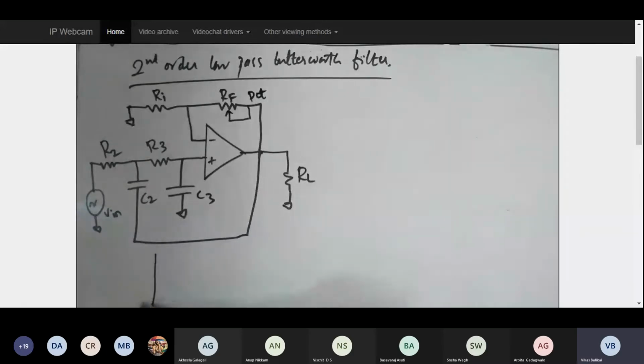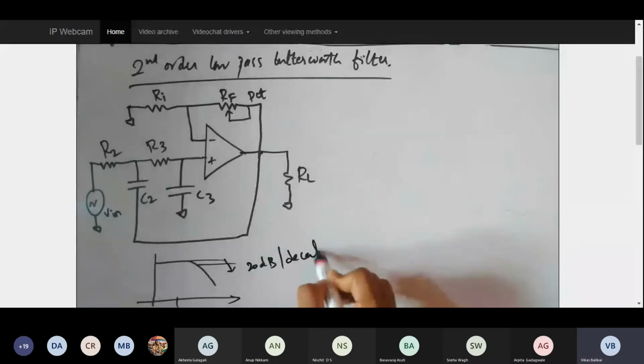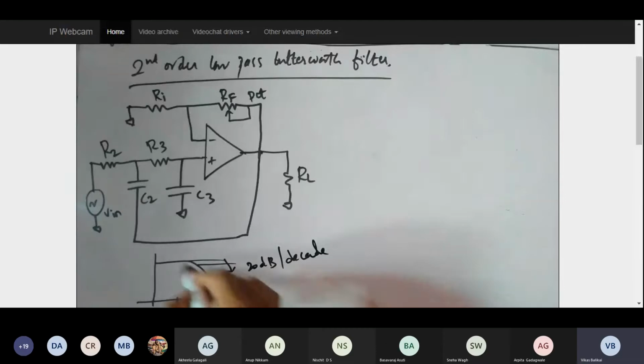It will definitely be the same thing we considered for our earlier first order filter, but the difference is what I discussed for your first order low pass filter: for every tenfold increase in the frequency, the drop in the gain was 20 dB per decade. For every 10-fold increase in the frequency, the gain rolls off by 20 dB.